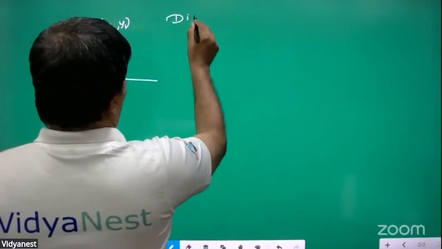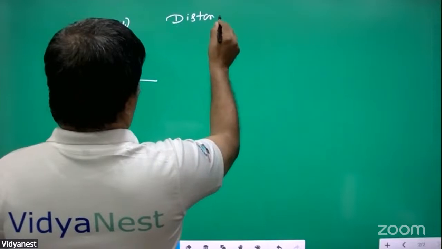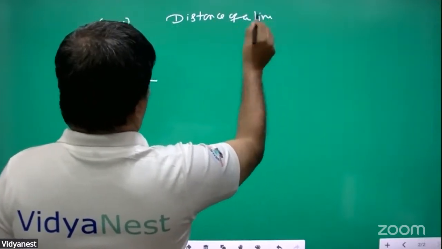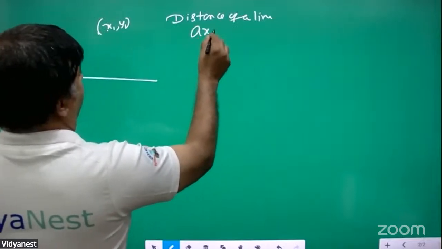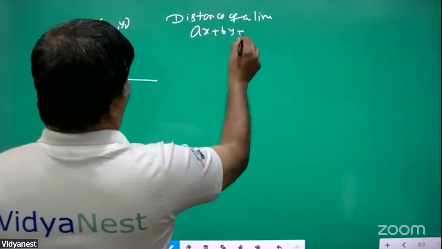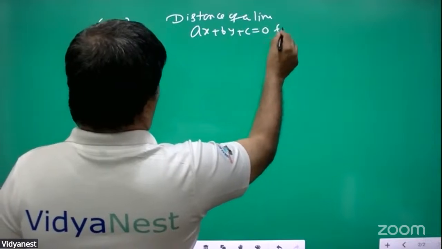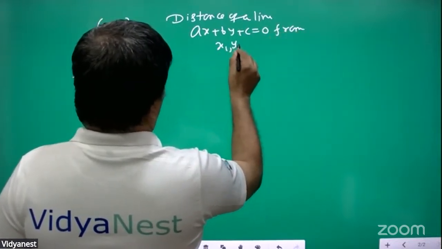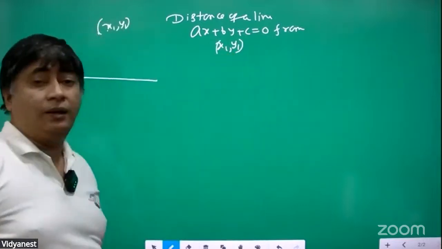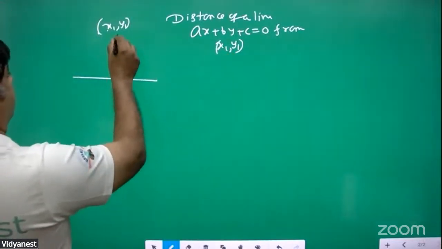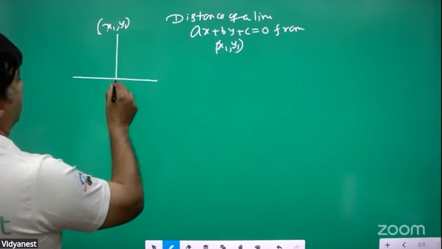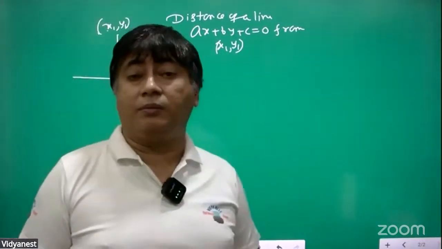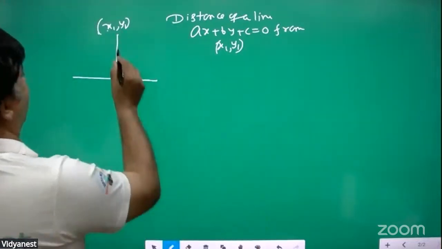Distance of a line ax plus by plus c is equal to 0 from x1, y1. The distance we got. Obviously, this is perpendicular distance. Distance means perpendicular distance, and we got what?